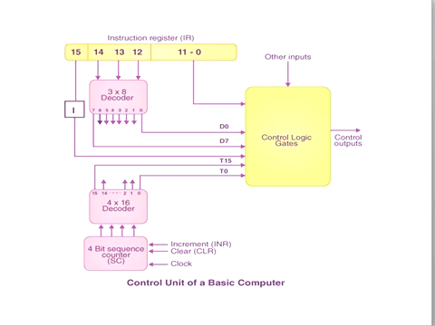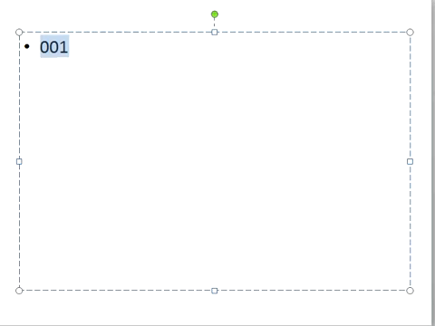Let us assume that we have to perform the 001 operation. 001 means the add operation. We need to perform the add operation. Whenever the opcode is 001, the decoder output D1 is activated.